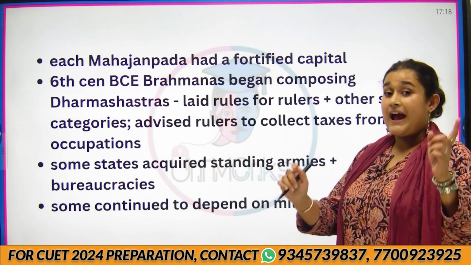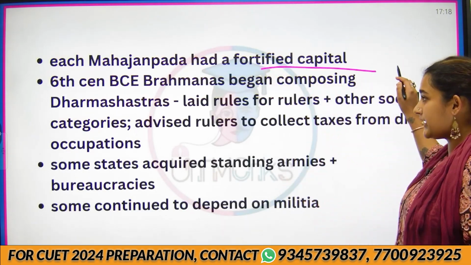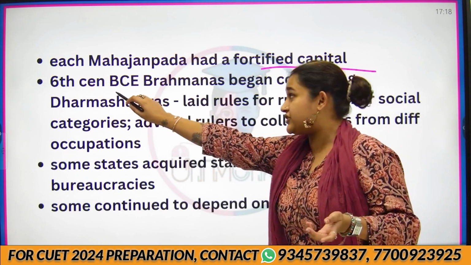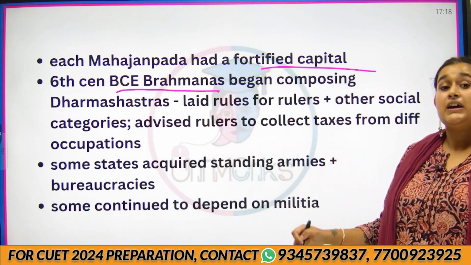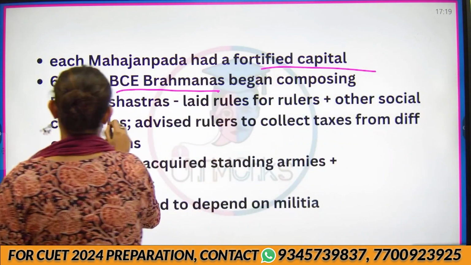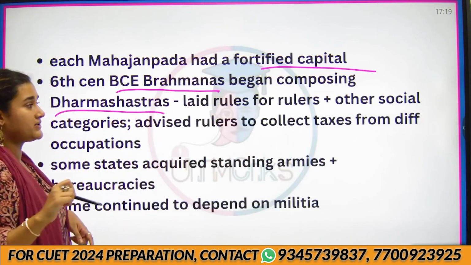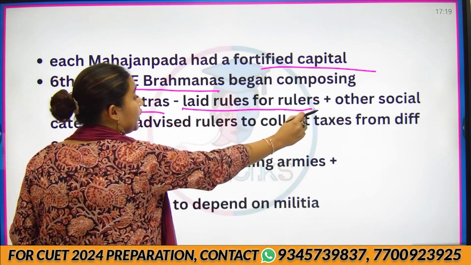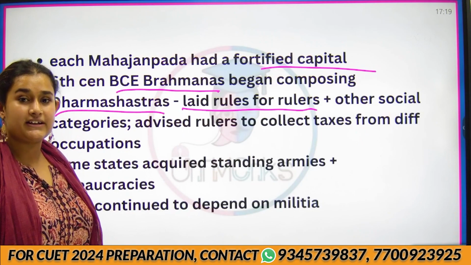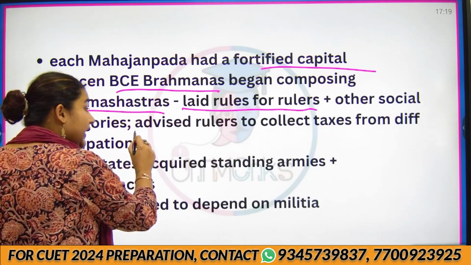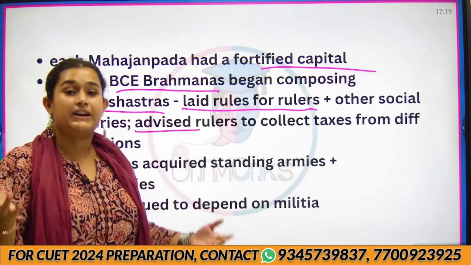Each Mahajanpad had a fortified capital, okay? Again, in the 6th century BCE, Brahmins started writing the Dharma Shastras, all right? These Dharma Shastras laid down rules for rulers and for other social categories as well, okay? They advised rulers on who to collect taxes from.